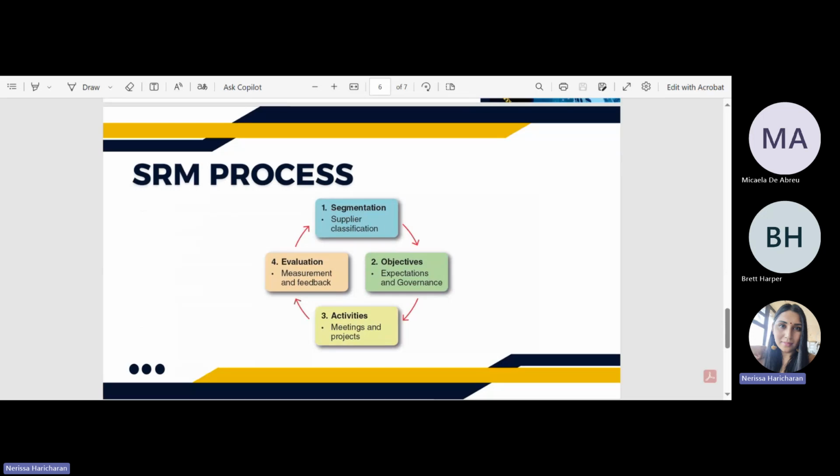And what is their innovation? Are they coming to you with new ideas of how you can better service your customers or how you can better manufacture your product? So these are some of the objectives that you want to look at. Look at what the expectations are that you have as a business for your supplier itself. And be clear and communicative about it.